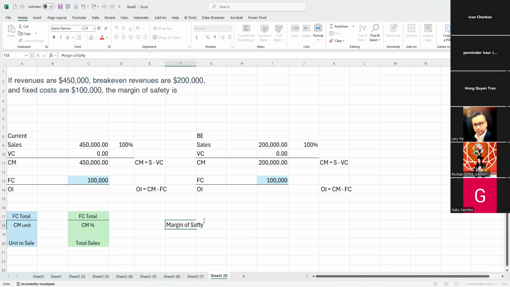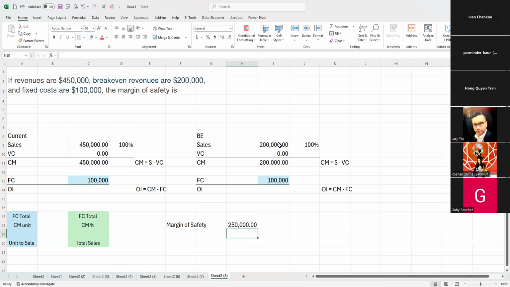It's gonna be this one minus that one, 250. Okay, as a percentage, how can I get the percentage? 250 divided by what?